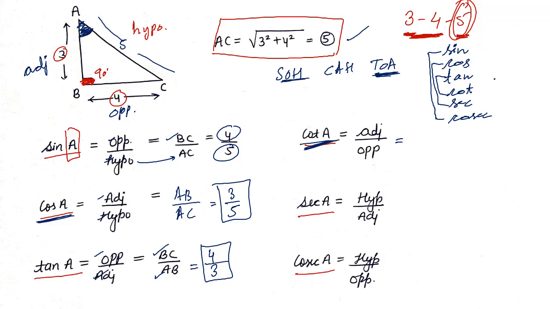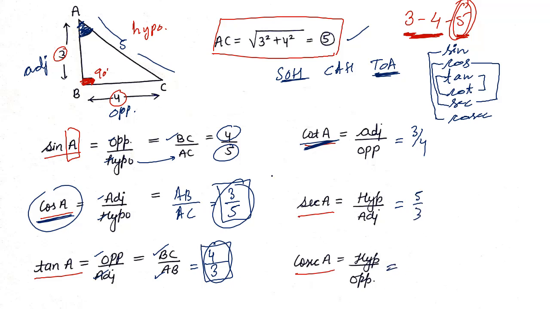So cot is the reciprocal of tan. Tan A is 4 by 3, so cot A will be 3 by 4. Sec is reciprocal of cos, and cos is 3 by 5, so sec will be 5 by 3. Cosec is reciprocal of sine, so the answer will be 5 by 4. That is it for this question.